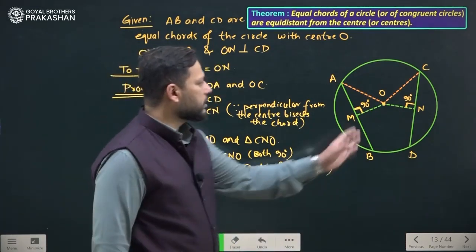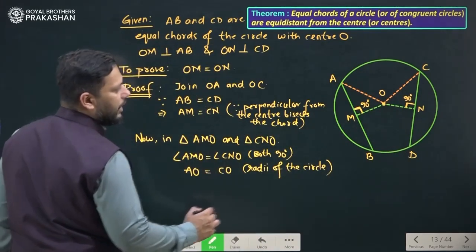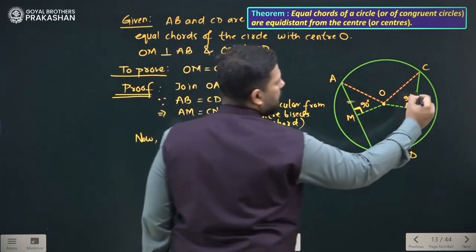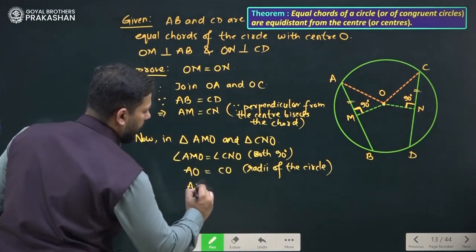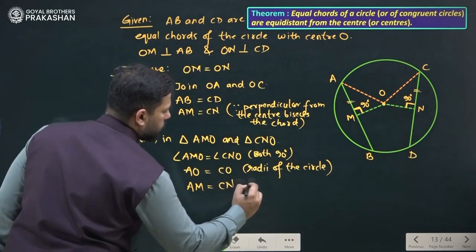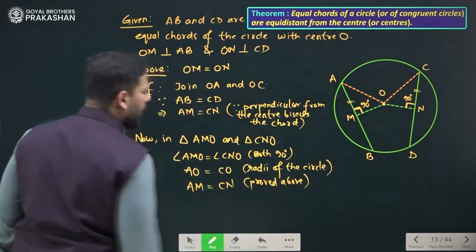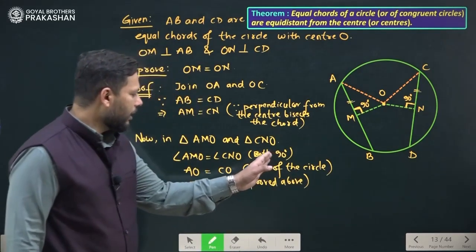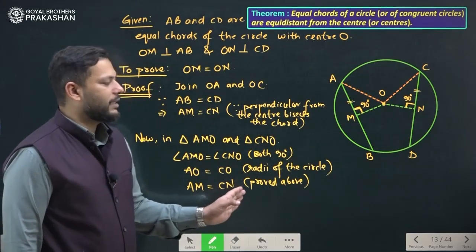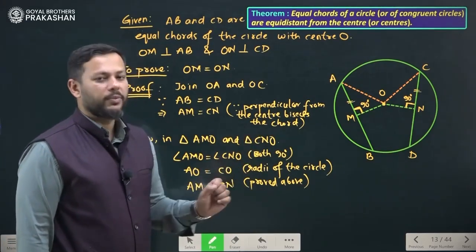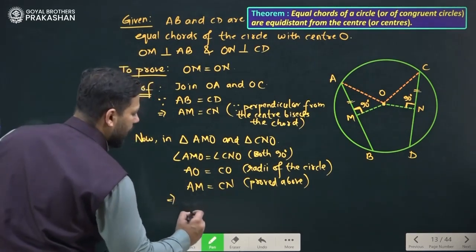So AO is equal to CO because they are the radii of the same circle. And at last, what we can say is that AM is equal to CN. We have just proved it above. So if I now look at these things, this is a right angle, AO and CO are the hypotenuse of those two triangles, and AM and CN are the other sides apart from the hypotenuse of that right triangle. So these two triangles are congruent by RHS congruency.